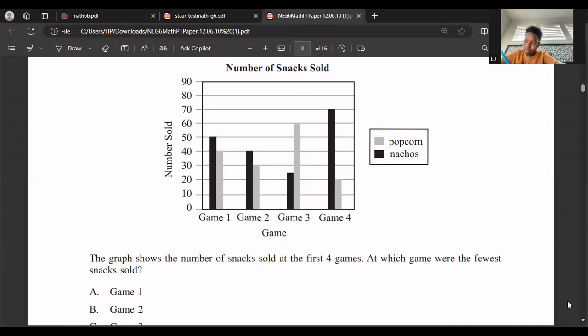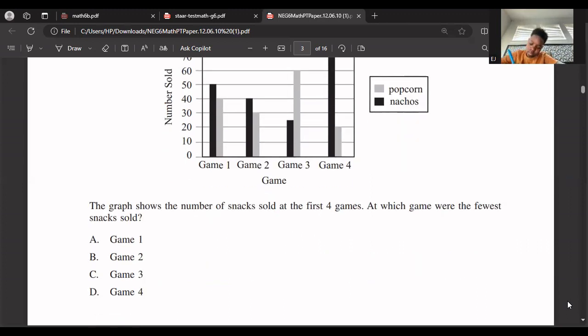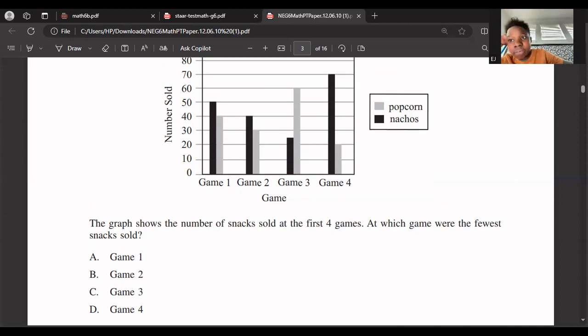So the question is, okay, there you have the question and the options. So game 1 had 50 nachos and 40 popcorn. Game 2 had 40 nachos and 30 popcorn.